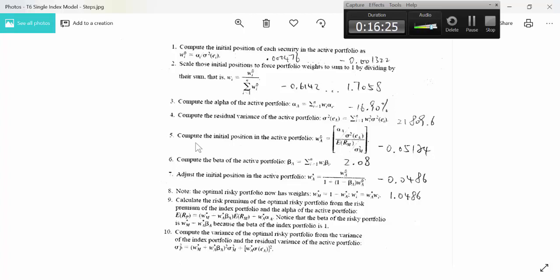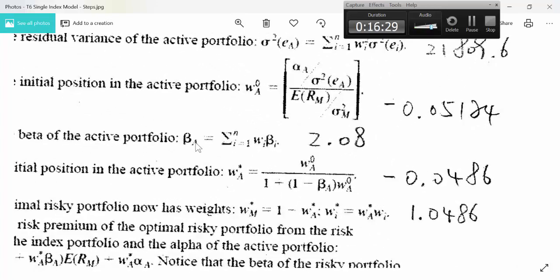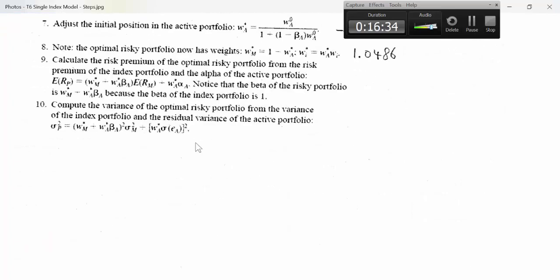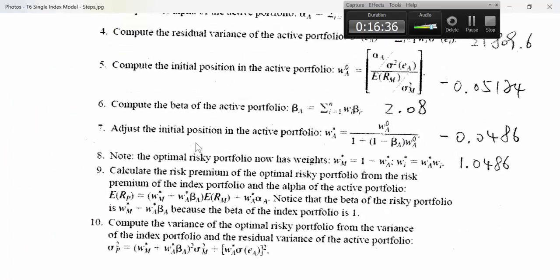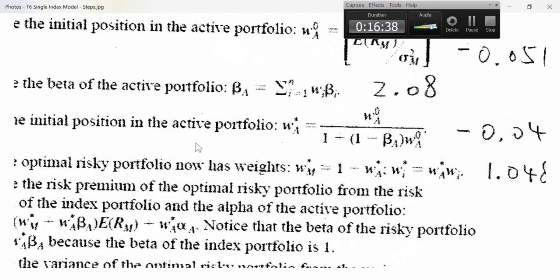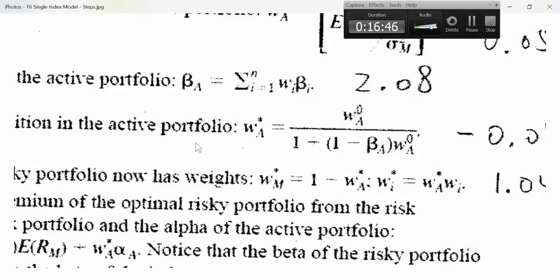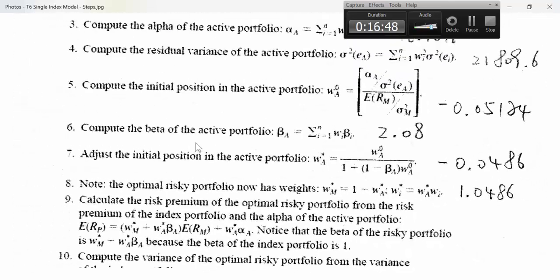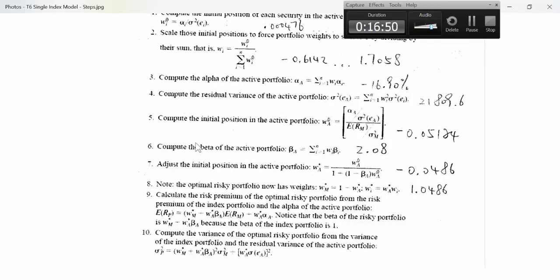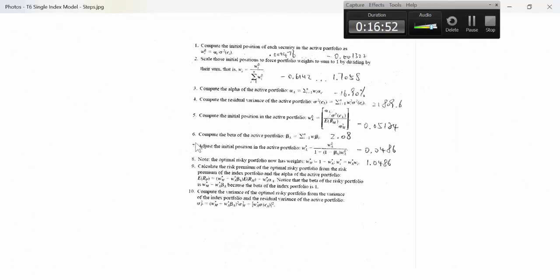When I gave you the printout, it looks like minus, but it's just the printing resolution not being good. It's 1 plus, not 1 minus. So that's on the single index portfolio.